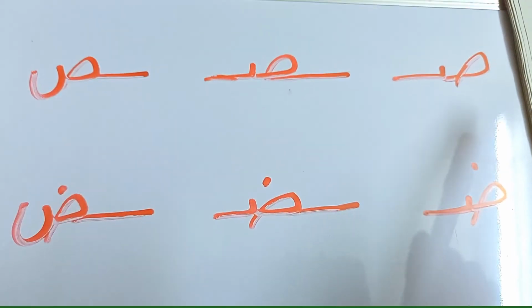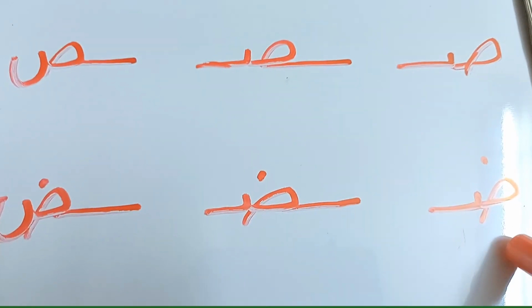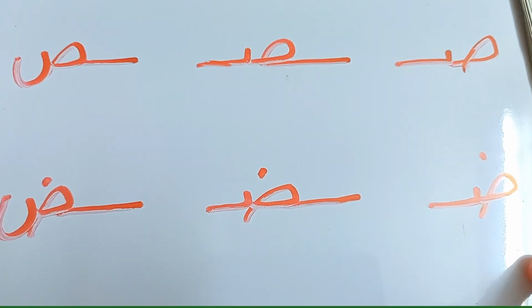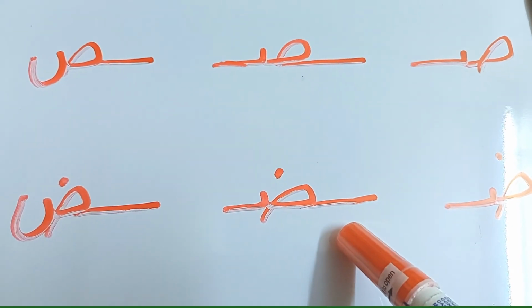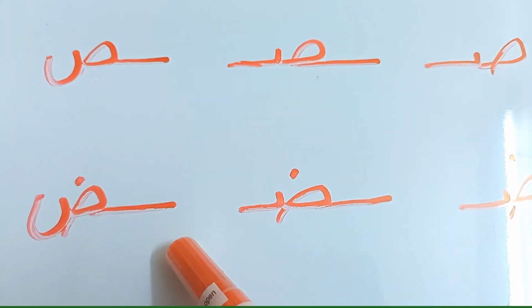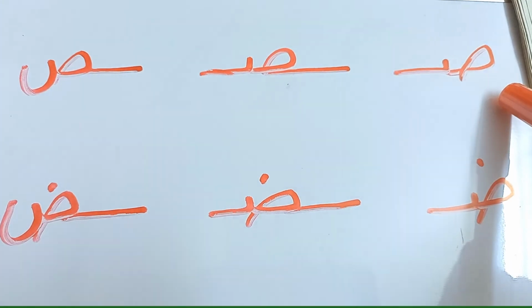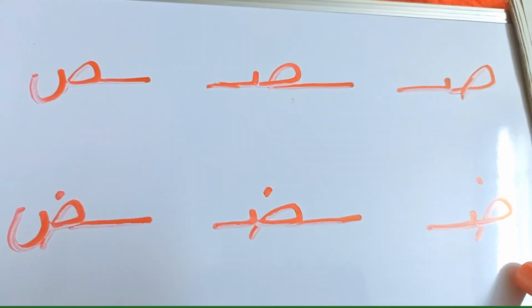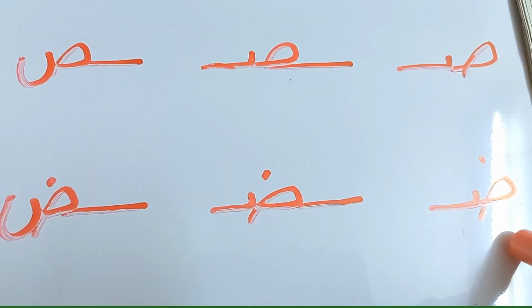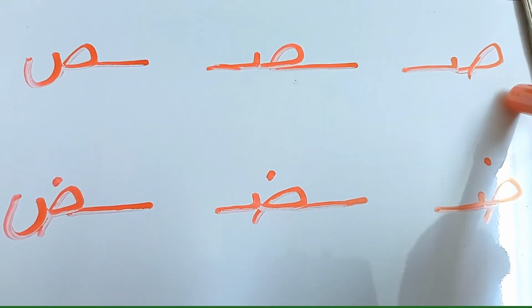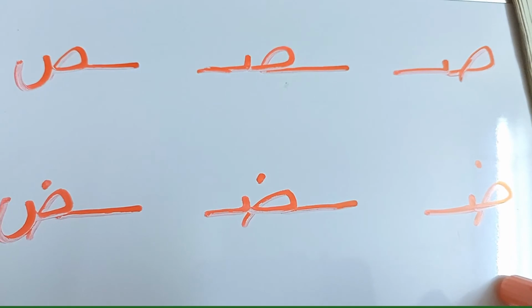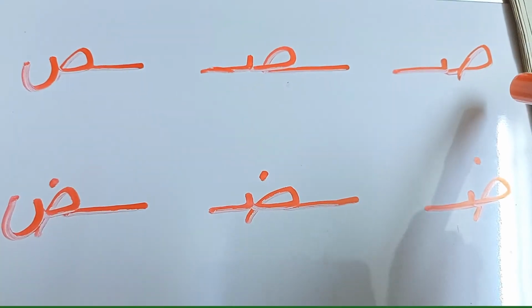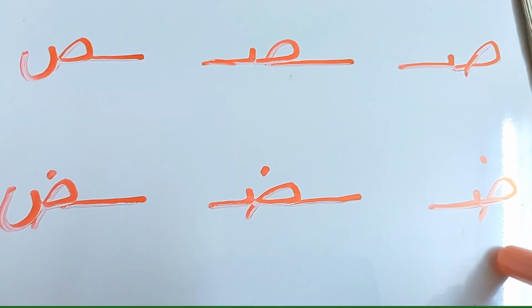These are the letters Sod and Dod in the beginning, in the middle, in the end. The difference between them is that Sod has no dots, but Dod has a dot above it. Sod, Dod.